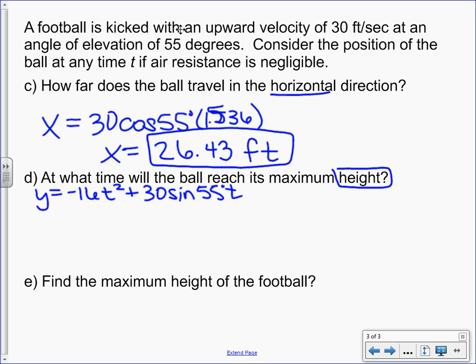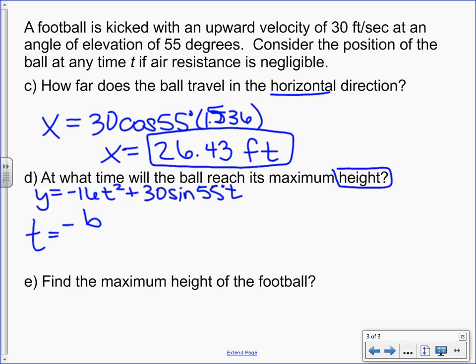Now back in first semester, I made you complete the square to put this into vertex form to find the vertex. I'm not going to make you do that here. What I'm going to remind you of is what you used in Algebra 2 to find the vertex. Does anybody remember the Algebra 2 way?